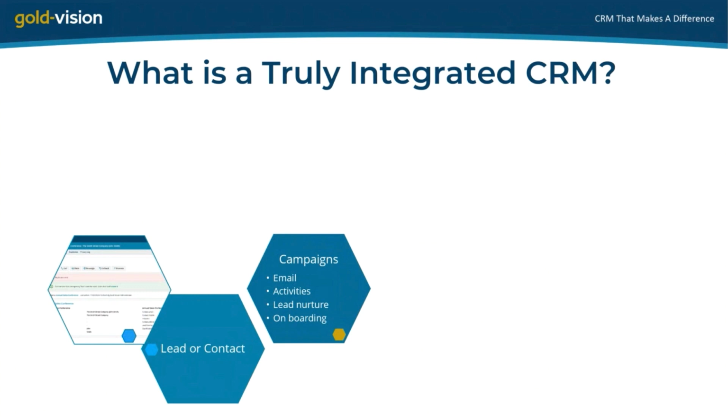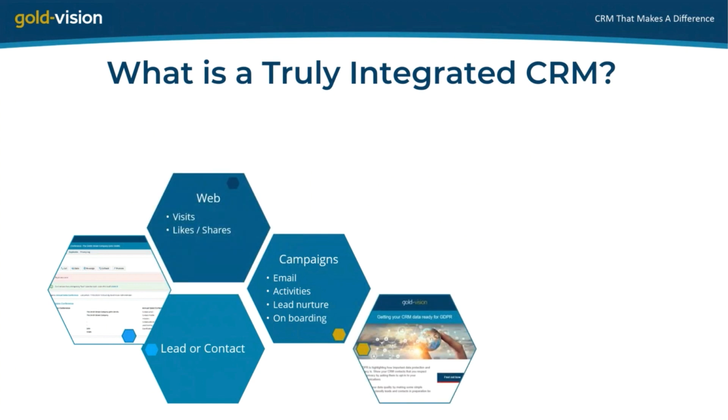So what is a truly integrated CRM solution? Whether it's a lead or a contact that you're tracking that data about, you want to create a campaign either via using an email or maybe activities that your team can now follow up to ensure effectively nurturing, onboarding.